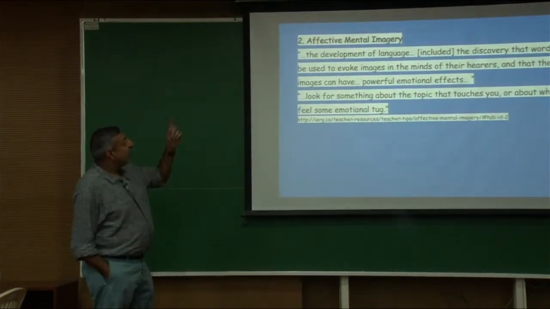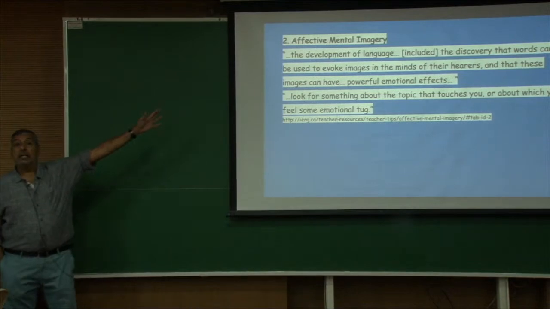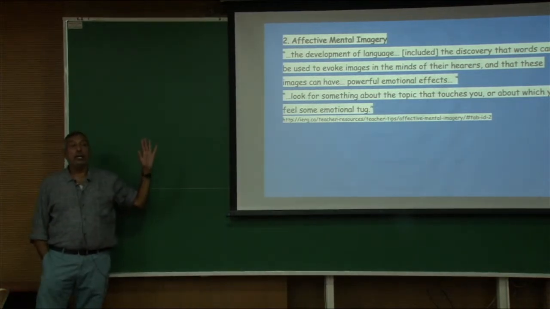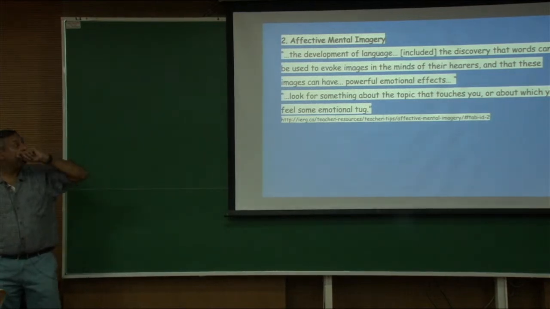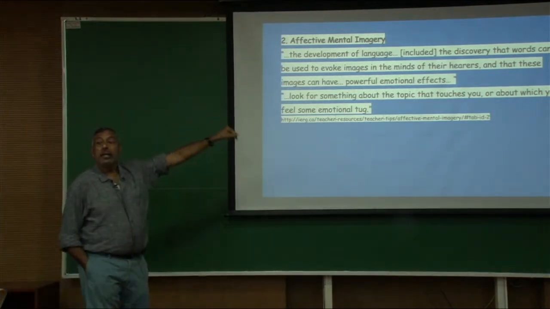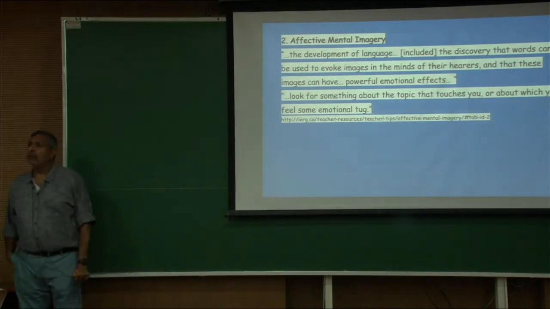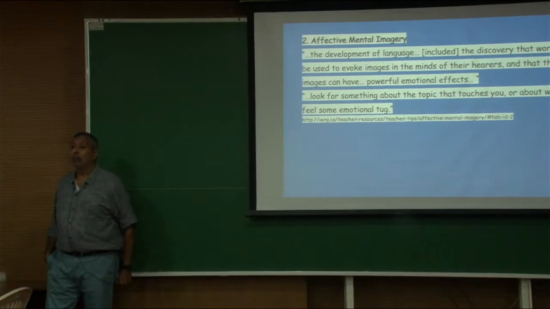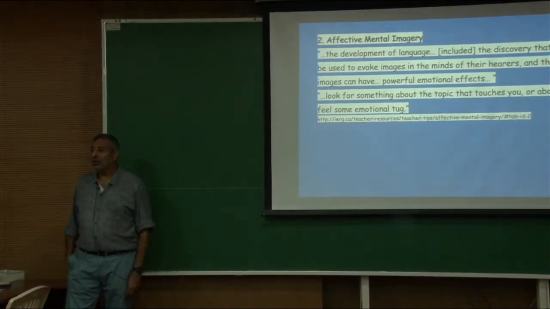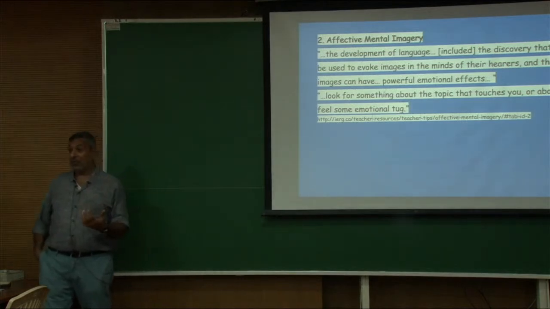Second one, and this actually goes back to, I think, the oral language phase, affective mental imagery. There's something which you might have heard of which works really well with young children called guided play, where you get them to close their eyes and you narrate a story or a situation.